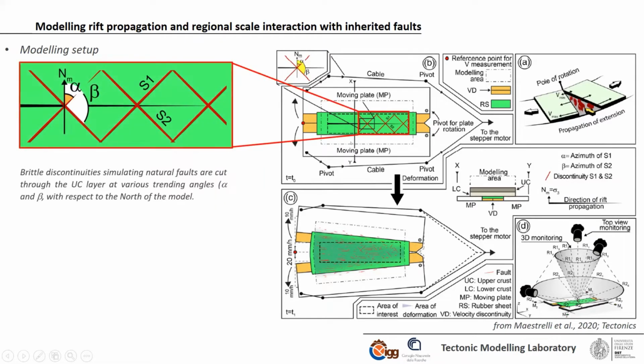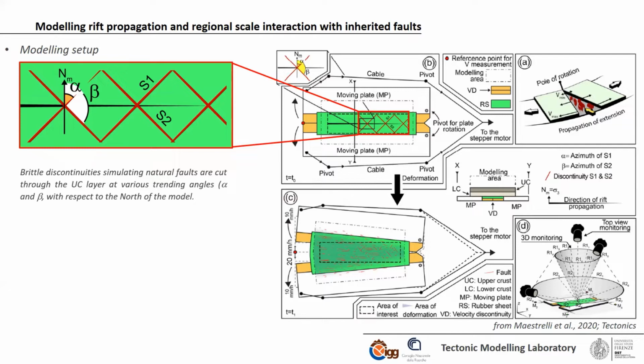On this setup, we built a viscous layer, and on top of that, a brittle layer constituted by brittle material, so basically a sand mixture. In this sand mixture, we cut through with a knife, so that we created weak zones that can simulate inherited structures.